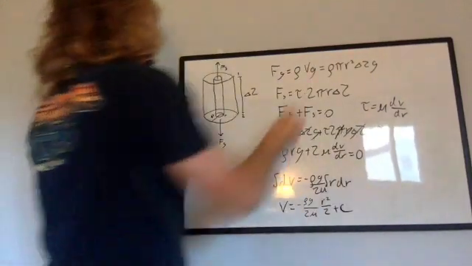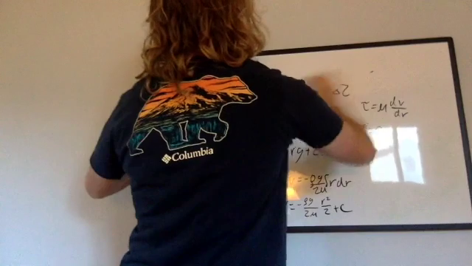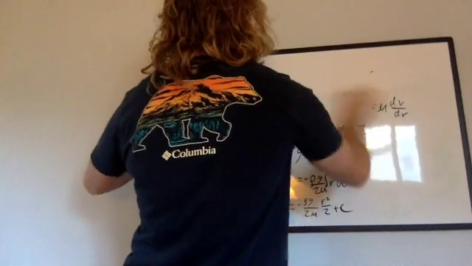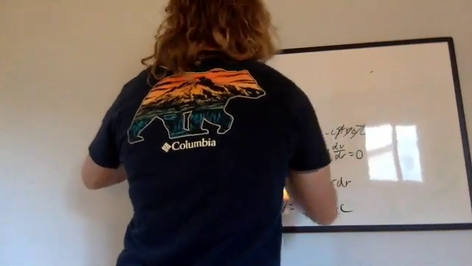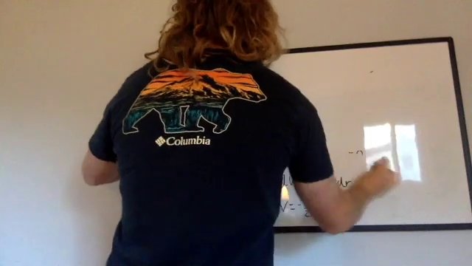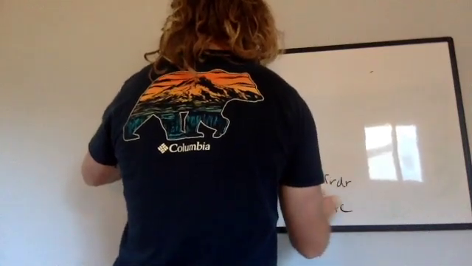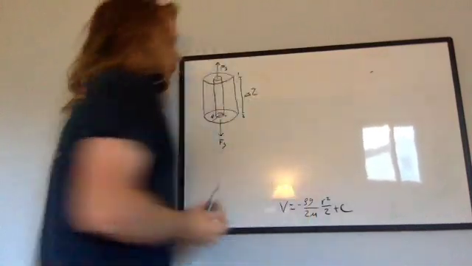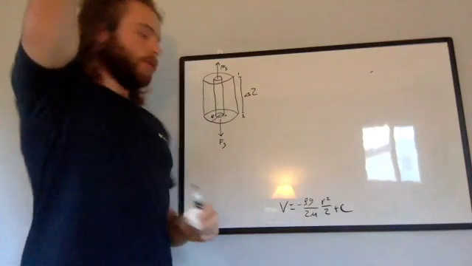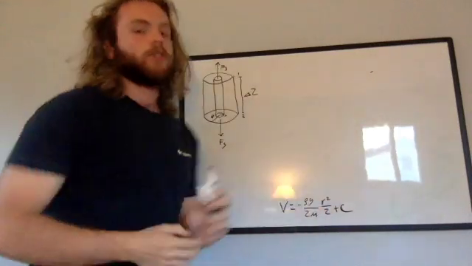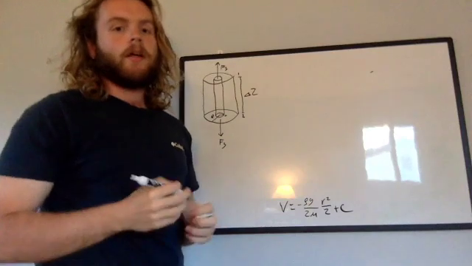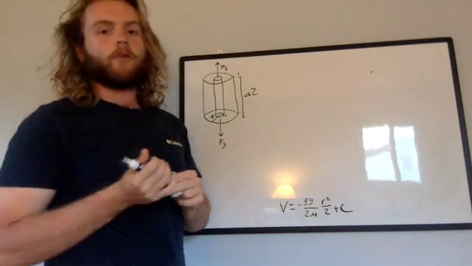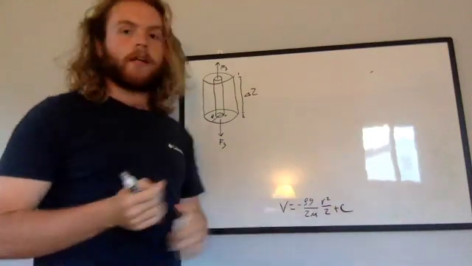Then we can go ahead and erase all this stuff up here, clear up some room. Alright, so now we are going to need to solve this expression right here at a certain point in order to solve for our constant right here.